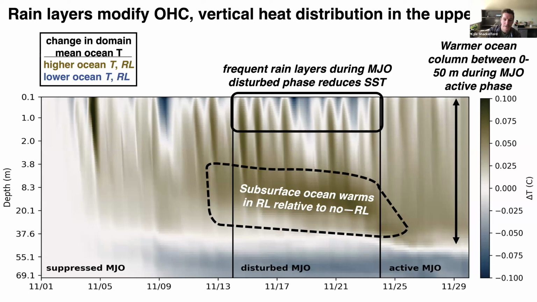So in this way, rain layers have a direct effect upon SST by reducing SST consistently across the MJO disturbed phase. And they also have delayed imprint on SST by trapping subsurface ocean heat during this period. And then upon rain layer destruction, when that subsurface ocean heat is no longer trapped, you have a relatively higher SST with rain layers in comparison to our simulation without rain layers.